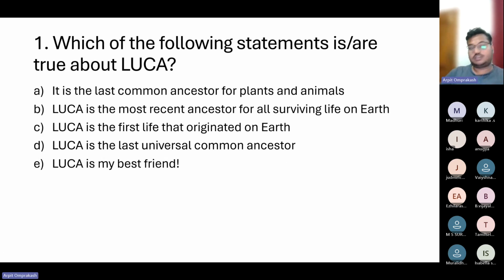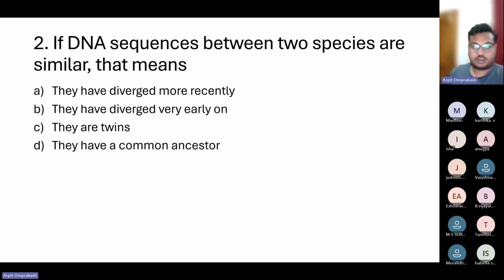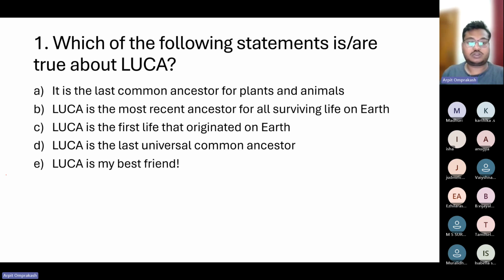Luca, by definition, is the last universal common ancestor, right? So that means that option D is correct as such. Last universal common ancestor, Luca.